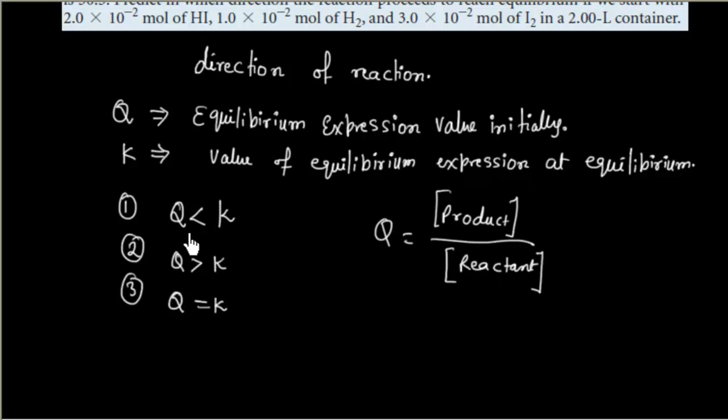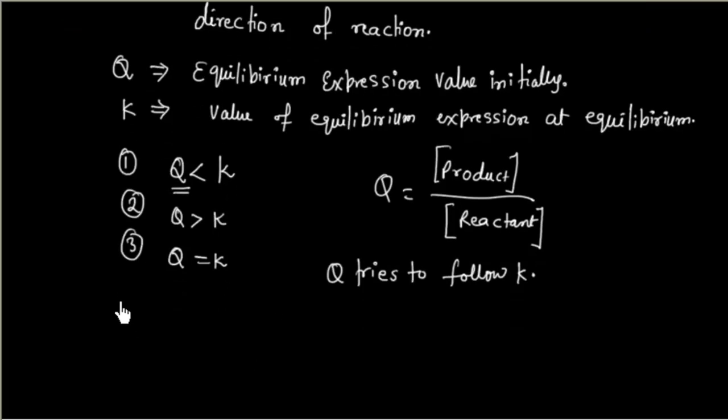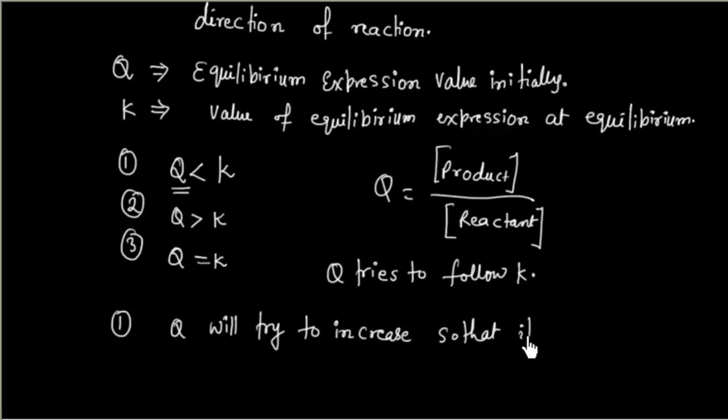Now Q always tries to become K, so Q tries to follow K. So if Q is less, it will try to increase so that it becomes equal to K.